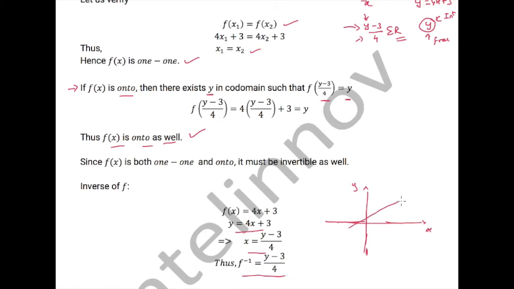It could be something like this, y equal to 4x plus 3. Now try to plot x equal to (y minus 3) by 4. You will notice that it will retrace the same path, same curve. And hence these two are the inverses of one another.